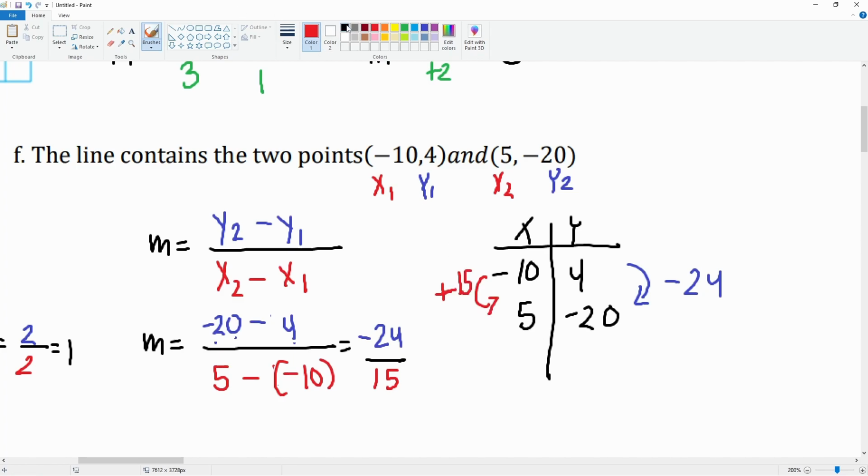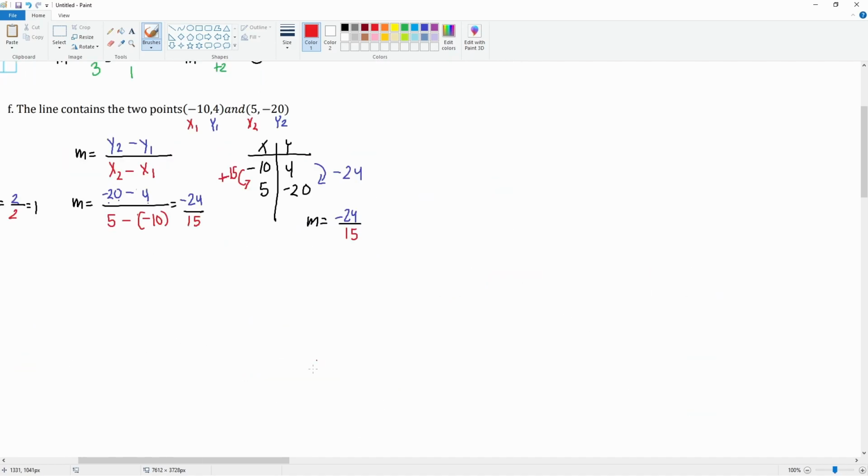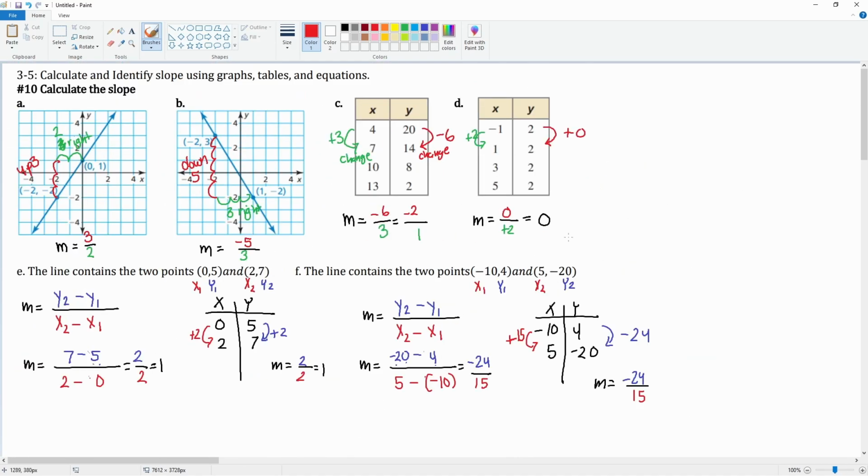Okay, so take a look. The slope is still the same. It is still negative 24 divided by 15. Right? So you could either see it in the chart or as the equation. Okay? So there you go. These are all the possible ways I can ask you to calculate slope.